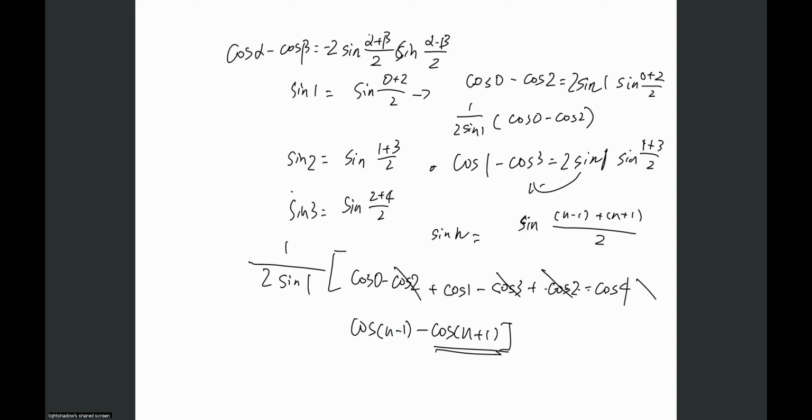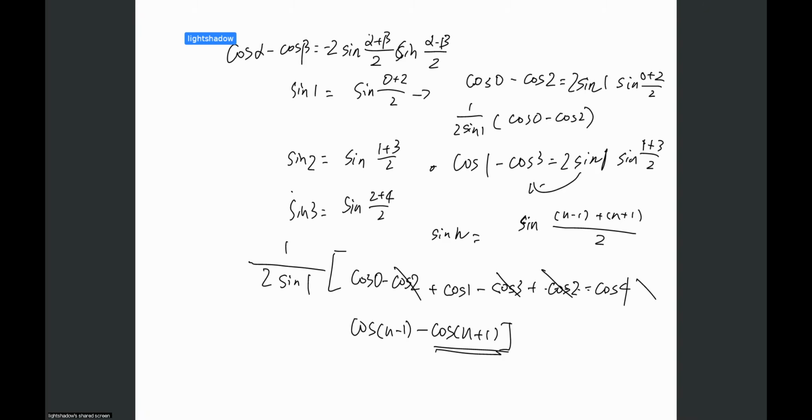Cosine 4, cosine 5, cosine 4 is cancelled out. And this is cancelled out, right? But can cosine n cancel out? No, so something like this.